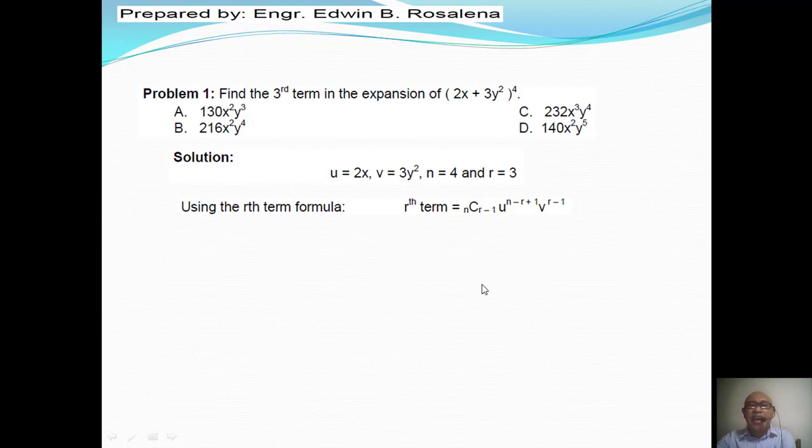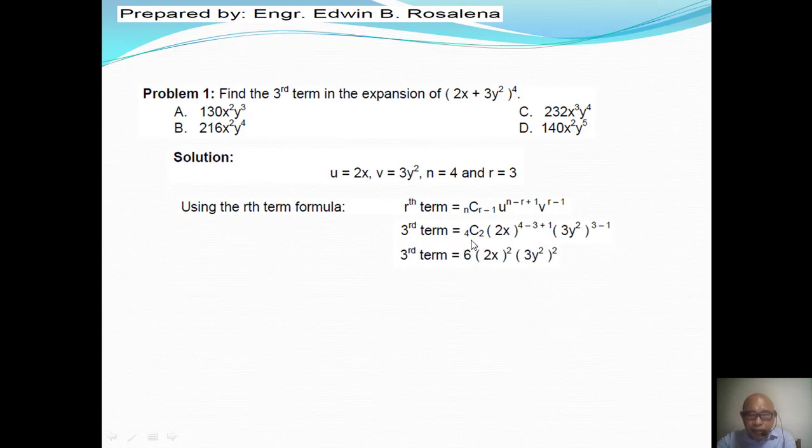And then I can now substitute values. So, the third term is equal to 4c2, no? (r minus 1), u to the power n minus r plus 1, v to the power r minus 1. And if you solve, you can press this in your calculator. Then this is 2x to the power 2, then 3y squared to the power 2. No? And then if you simplify, you can get the answer.